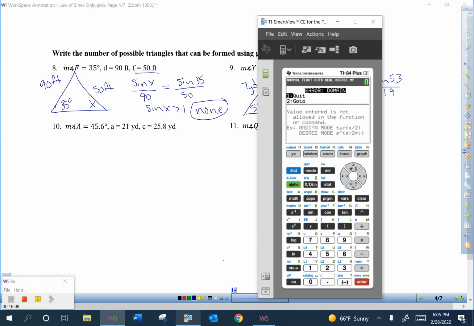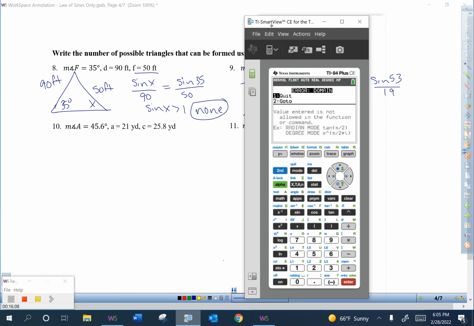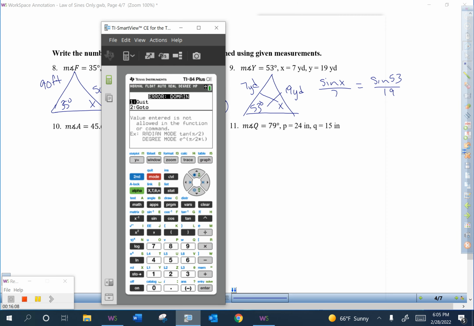And we're solving the same way, multiplying that 7 over. So 7 sine 53, enter, divided by 19. That looks better. That's a ratio that's actually possible. Inverse sine of that decimal is about 17.1 degrees.